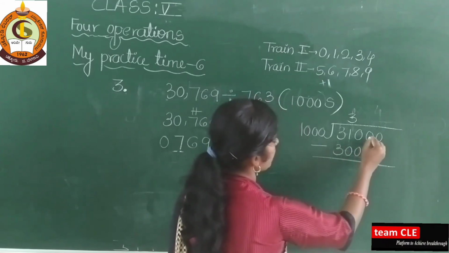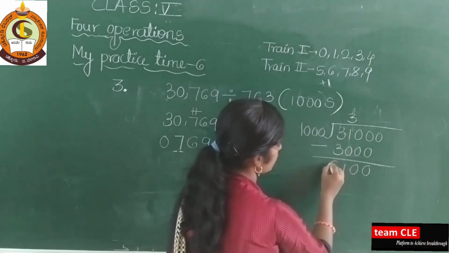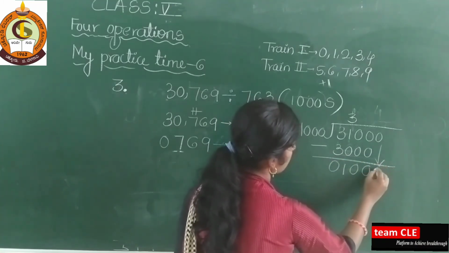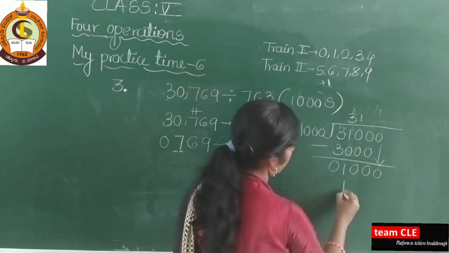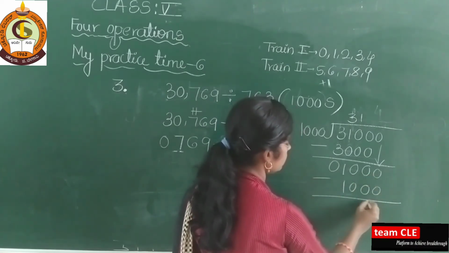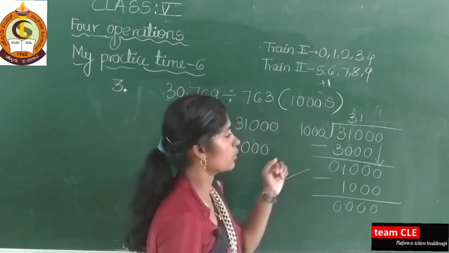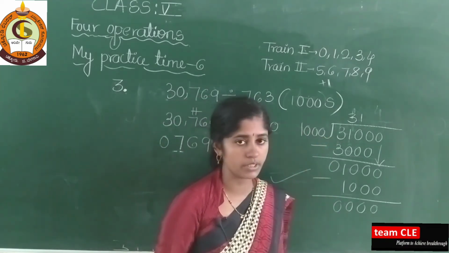Take 0, 0, 1 minus 0 is 1, 3 minus 3 is 0. Again you take 0, 1000 ones are 1000, 1 minus 1 is 0. So here the quotient is 31 and the remainder is 0.